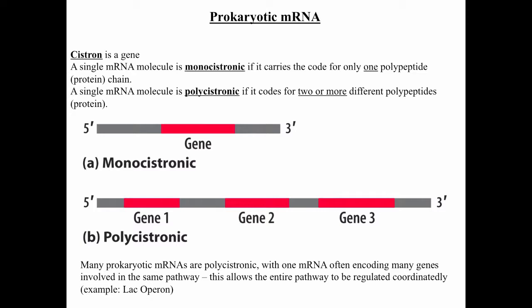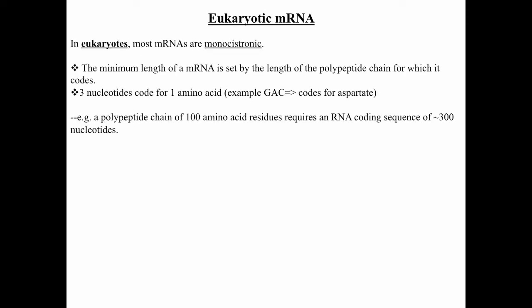They tend to be polycistronic, where one piece of mRNA can encode for multiple genes, and they are often involved in the same pathway. So it's coordinating the regulation of one entire pathway. Eukaryotic mRNAs tend to be monocistronic, so one mRNA is going to encode for one polypeptide product.